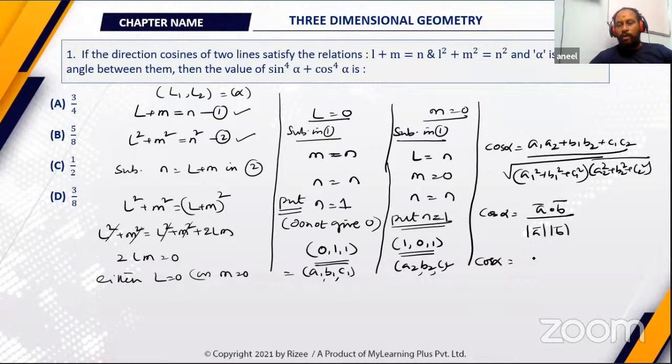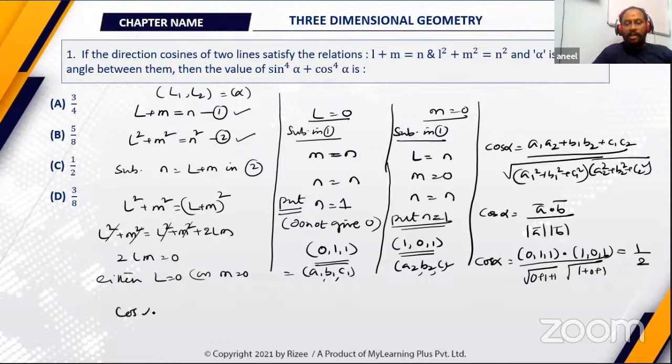So 0, 1, 1 dot with 1, 0, 1 divided by square root of 0 plus 1 plus 1 into square root of 1 plus 0 plus 1, which gives us 0 plus 1, 1 by 2. So I got cos alpha is equal to 1 by 2.